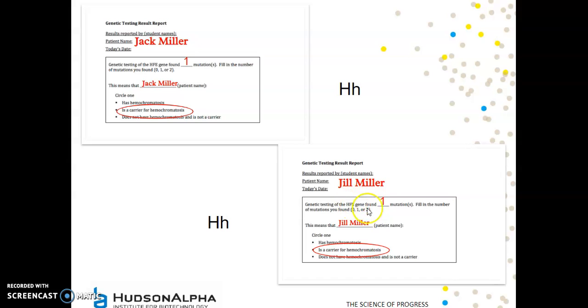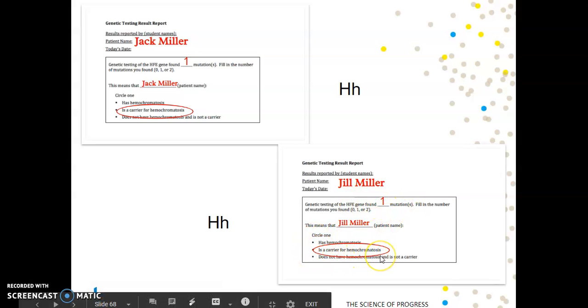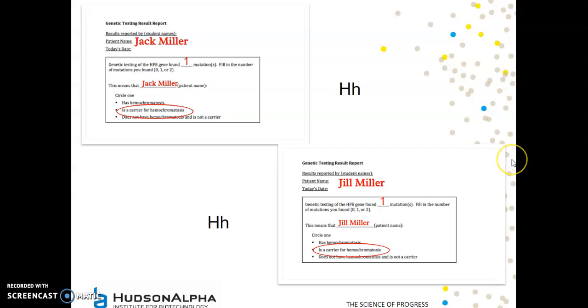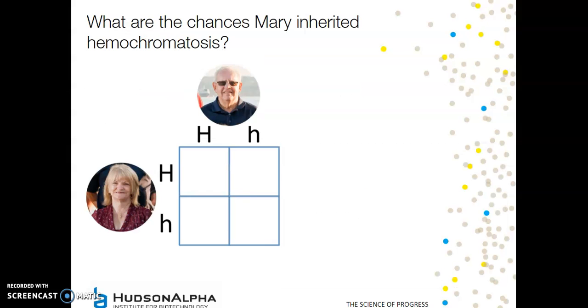Jill Miller also has one mutation, so that means that Jill Miller is also a carrier for hemochromatosis. And so we use big H, little h to represent the hemochromatosis. The big H is the typical gene, and the little h represents the mutated gene that causes the sickness.